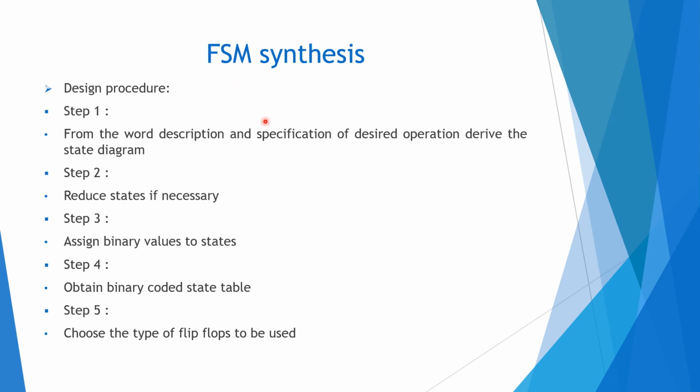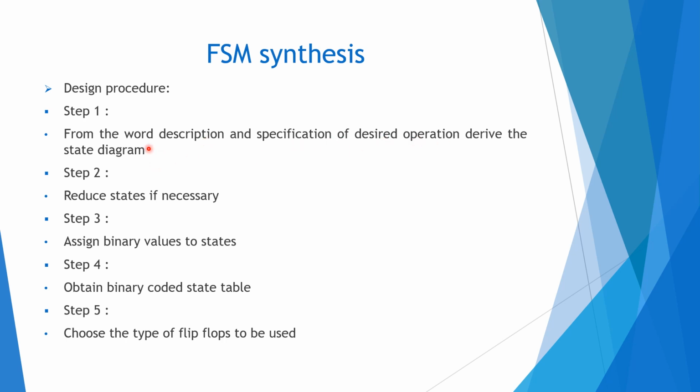So let us now enter into FSM synthesis. We will be designing a very small FSM. So this is the design procedure. Step 1, from the word description or the problem definition and specification of desired operation, derive the state diagram.